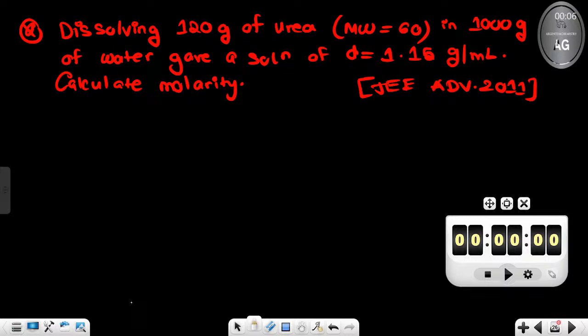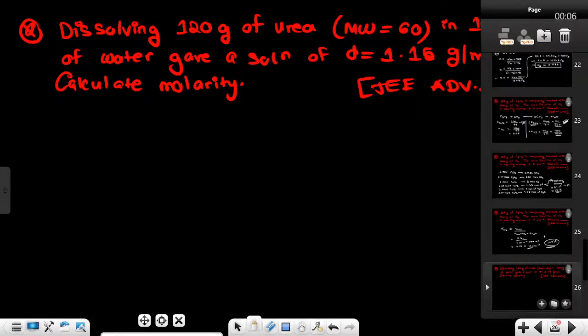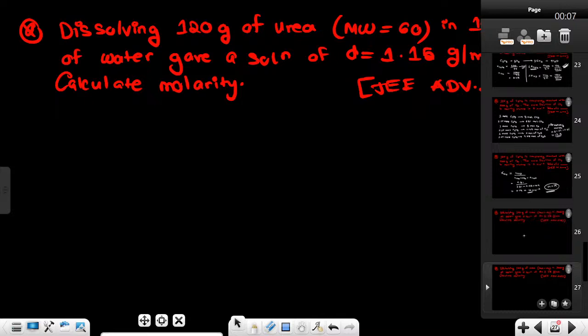Dissolving 120 gram of urea, molecular weight 60, in 1000 gram of water gave a solution of density 1.15 gram per ml. First, you have to understand what the question is giving us, that means what values we get from the question that can be of use.